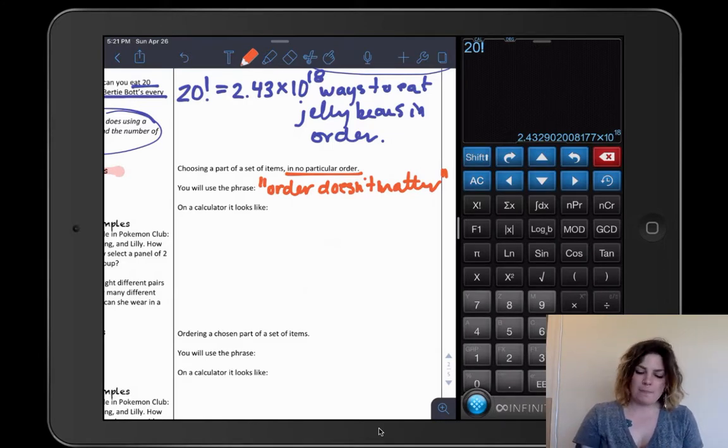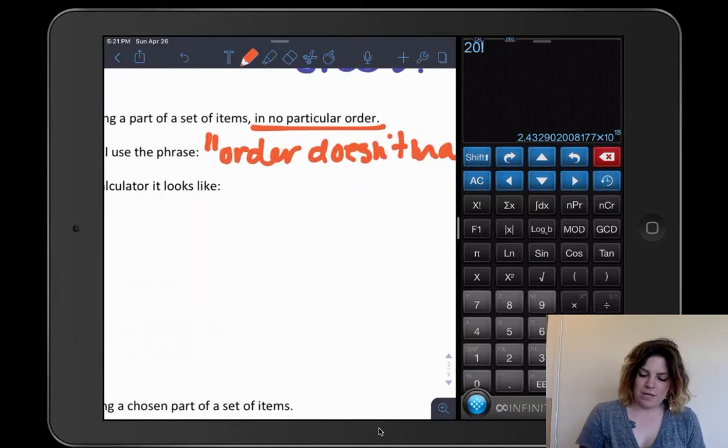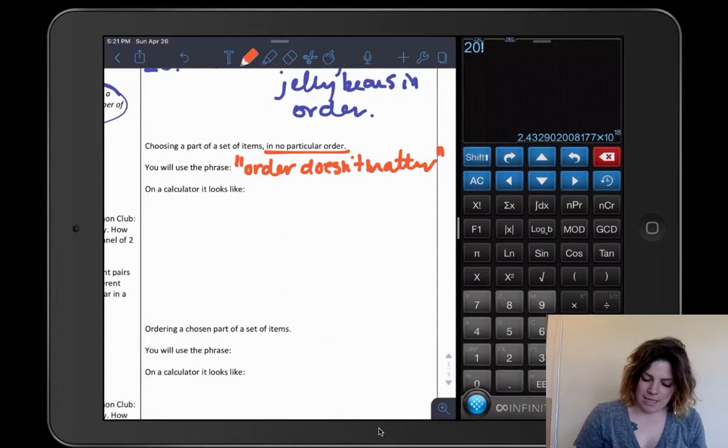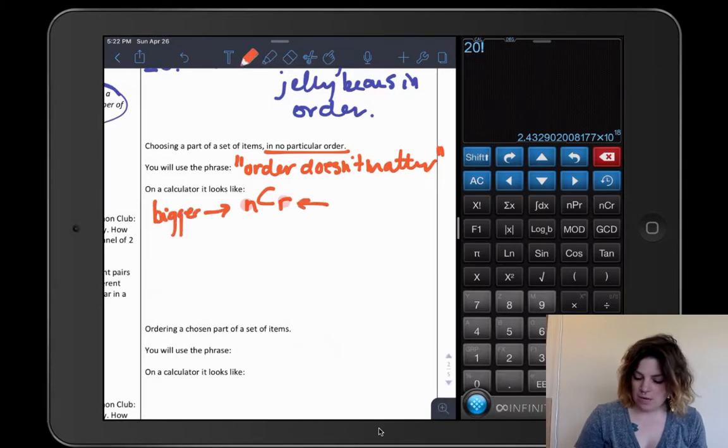But in general, on this calculator, it's going to look like nCr, where n is the bigger number and r is the smaller number.